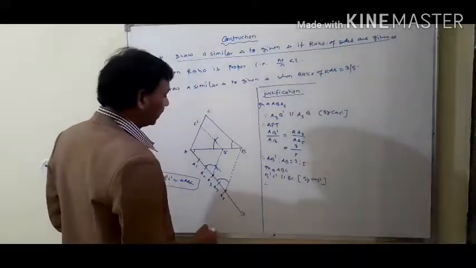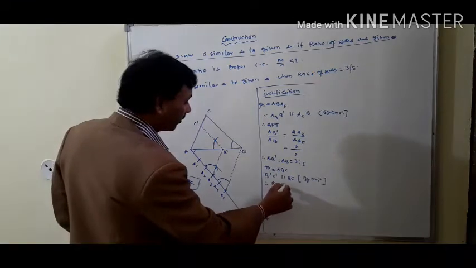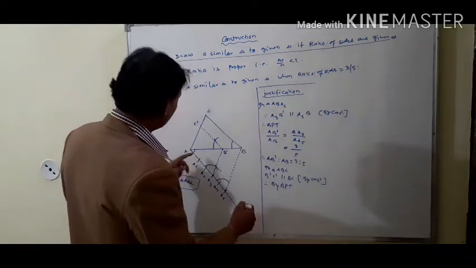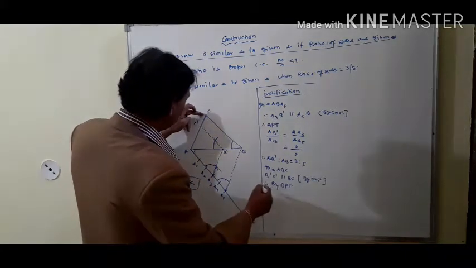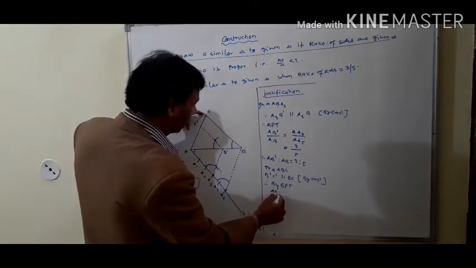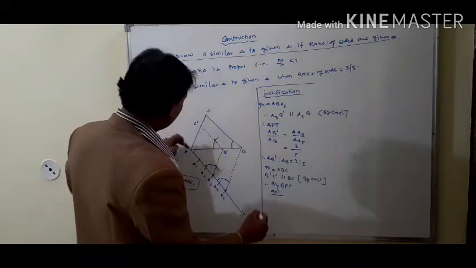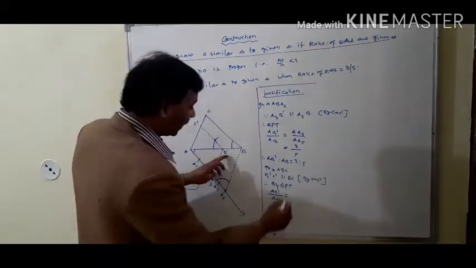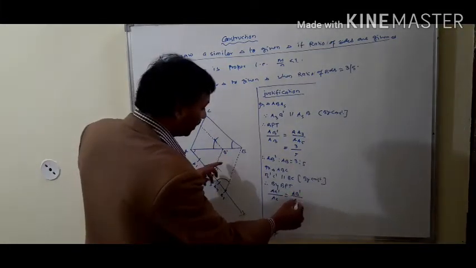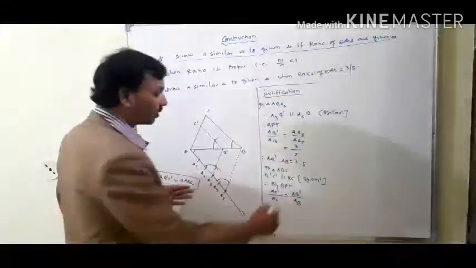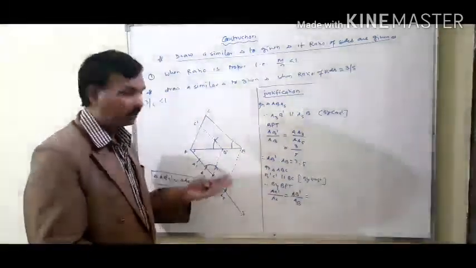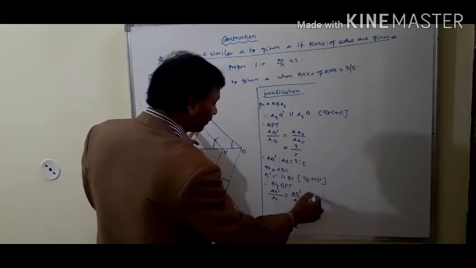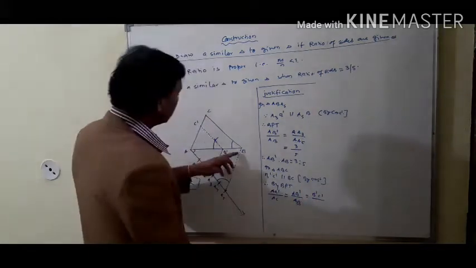Therefore, according to BPT, we write AC dash upon AC is equal to AB dash upon AB, and similarly B dash C dash upon BC.